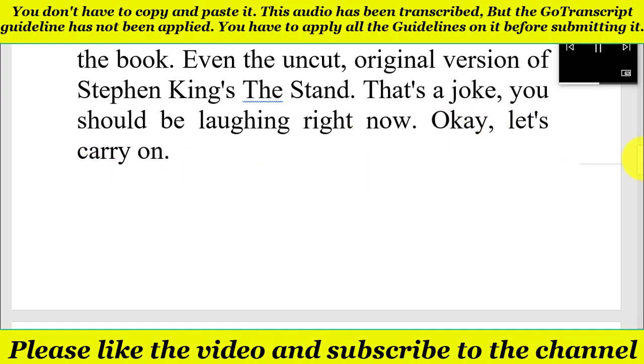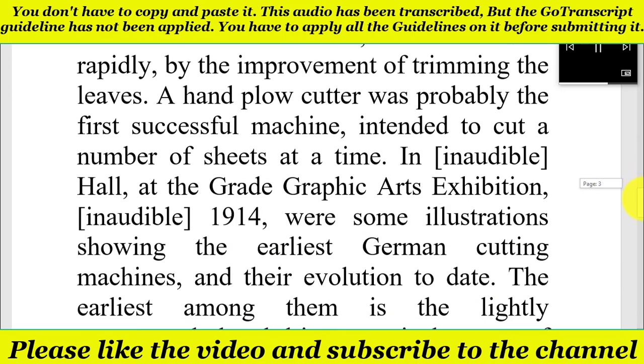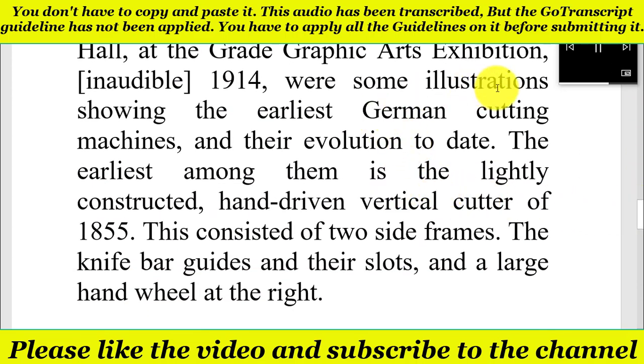Okay, let's carry on. The deckle edge of the earlier and untrimmed books was improved upon and made easier to turn over and refer to rapidly by the improvement of trimming the leaves. The hand plow cutter was probably the first successful machine intended to cut a number of sheets at a time. In the Haupthalle at the Great Graphic Arts Exhibition, Leipzig, 1914, were some illustrations showing the earliest German cutting machines and their evolution to date. The earliest among them is the lightly constructed hand-driven vertical cutter of 1855.